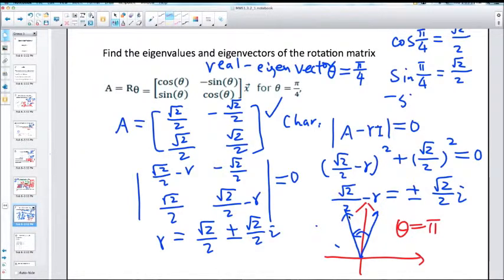If theta equals pi, that's exceptional. Try the exercise: do you have a real eigenvector? The answer is yes for that. So for a rotation matrix, unless it's a special angle, you don't have a real eigenvalue.